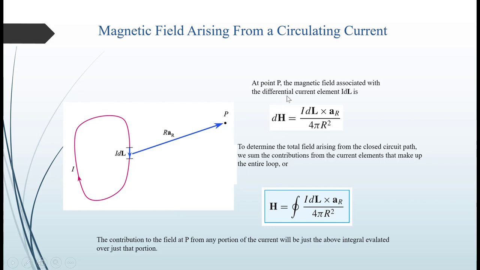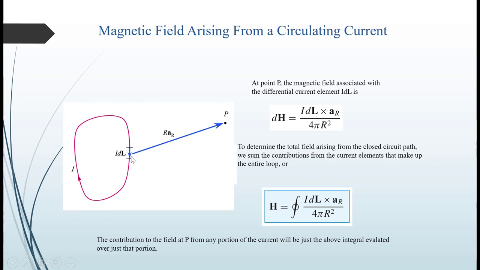Now in general, what is the equation? The final equation is dH, that is differential field intensity, equal to I dl cross ar cap divided by 4 pi r square. This intensity can be considered because of a complete current carrying loop placed in the magnetic field.